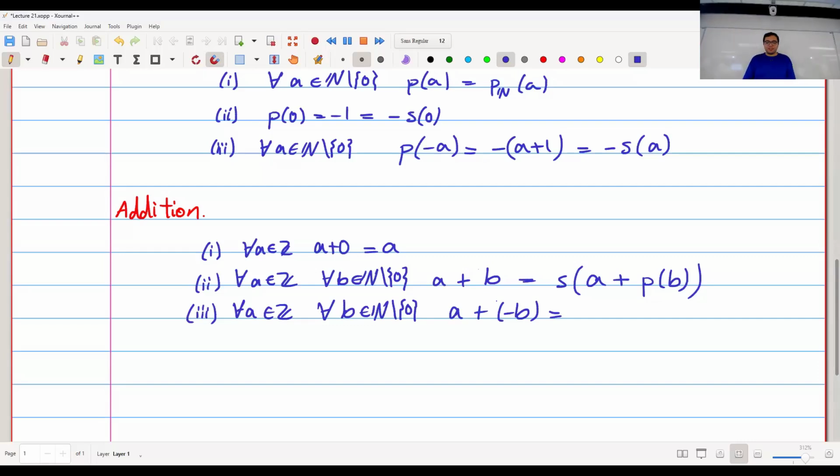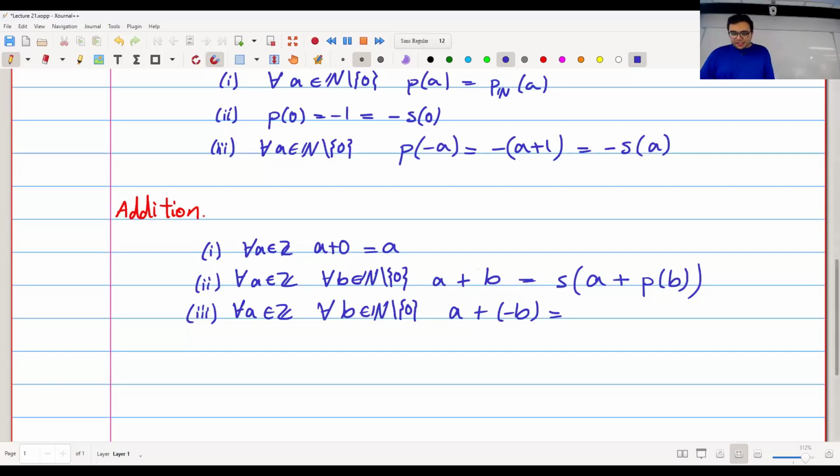So if I do that, it would be like, I want to find A plus minus 1, but then I should find A plus minus 2 and add 1, but then I should find A plus minus 3. And so I don't want to do that. I want to somehow get it back to the case where it's 0. So I have an inductive definition here. I want it to get back to this base case.